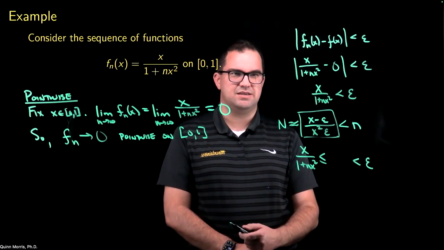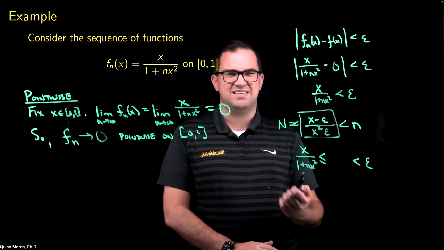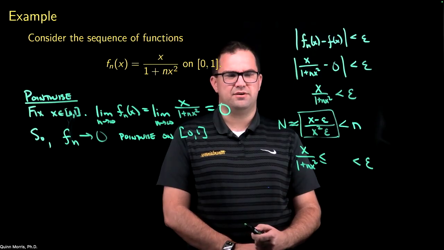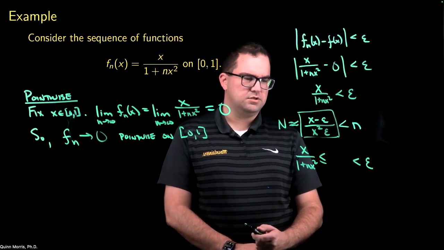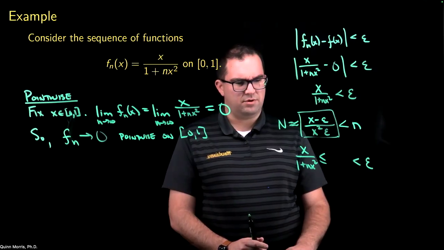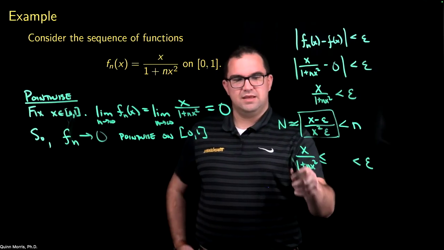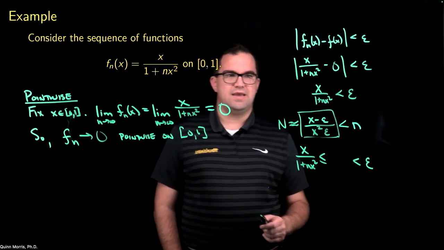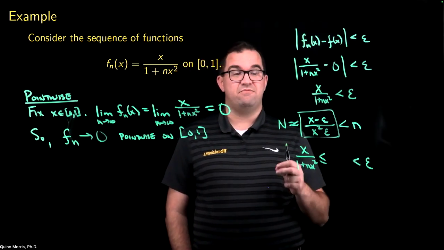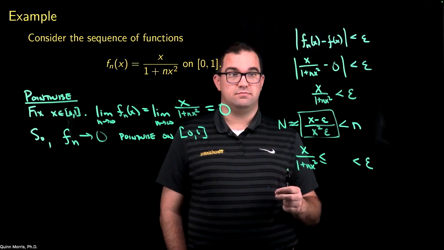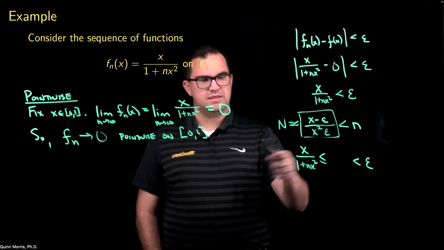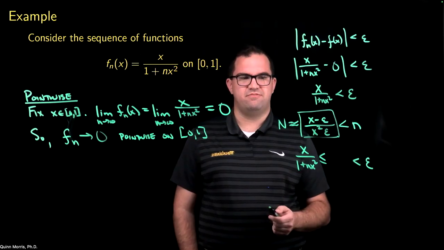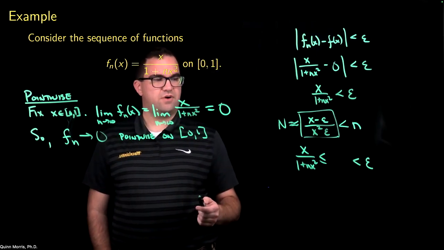Well, that happens when x is equal to 0, but that makes the n disappear. So that's not particularly good. So maybe that's not the best plan. Let's actually look at this function and see if we can find the maximum value of that function. So let's ask ourselves, what is the maximum value of this function?